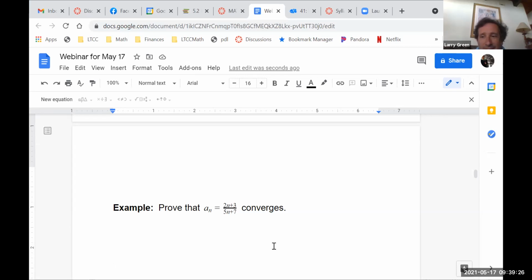The hint is use the theorem, don't use epsilon delta. Yes, it's going to converge to 2/5, but that's not a proof. That's what it converges to, but you haven't proven it. It's not that hard, but it's more than just saying 2/5. An easy way to do it involves someone French. That's a hint.